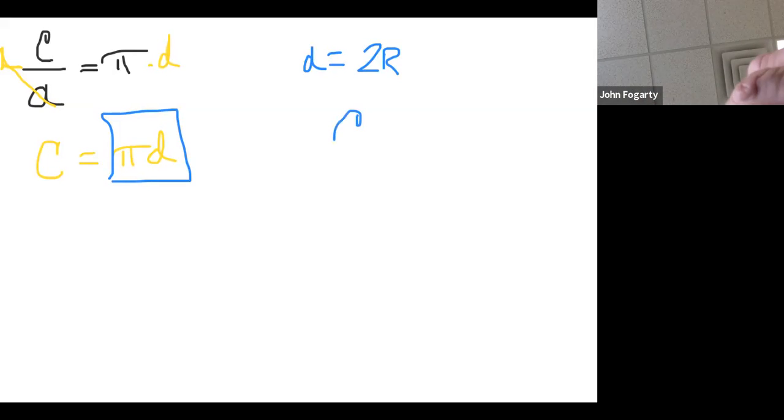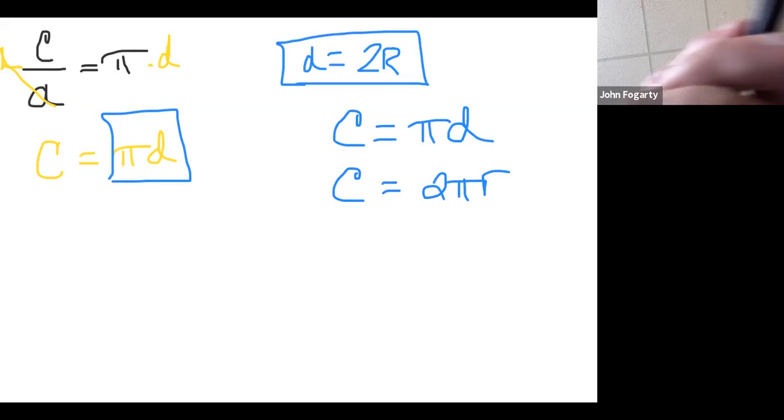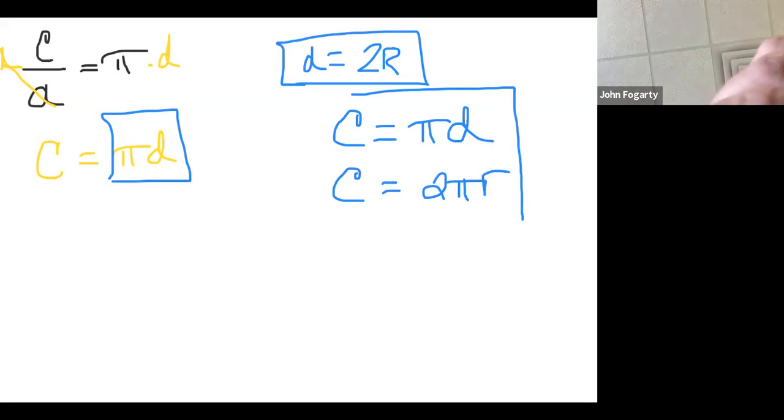Well, if I have a formula that says pi d, and I know d and 2r are the same, can't I just take the d and change it to 2r and get 2 pi r, right? So those are your two formulas that you need to know.